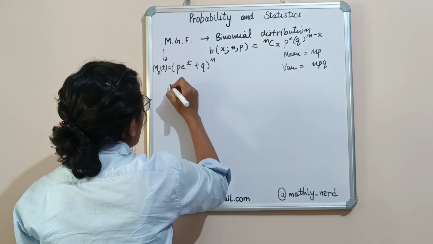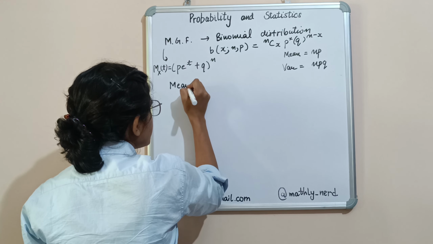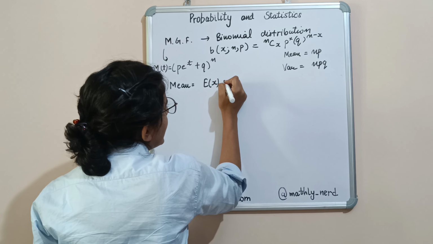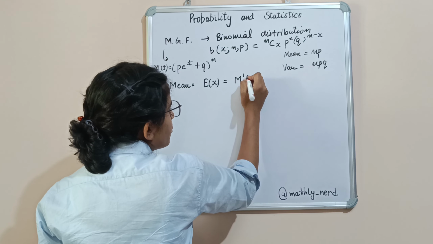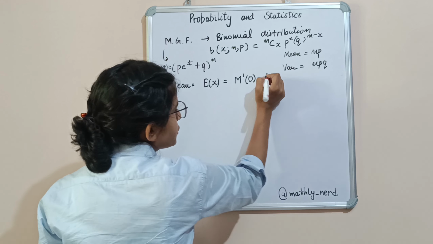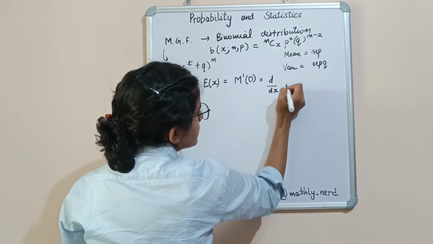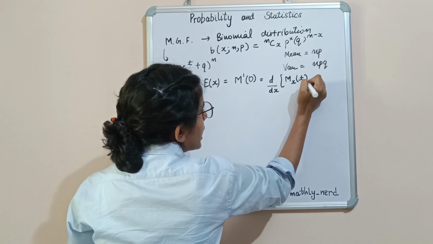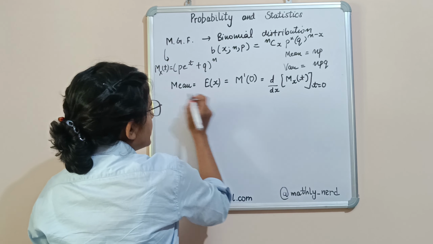Now the mean equals E of X, and that equals the first derivative of the moment generating function, and then we put the value of t equals to 0. We can also write this as d by dt of M_X(t), and then we put the value of t equals to 0.